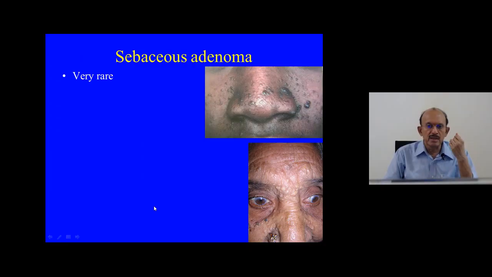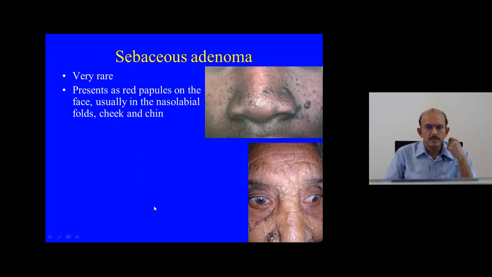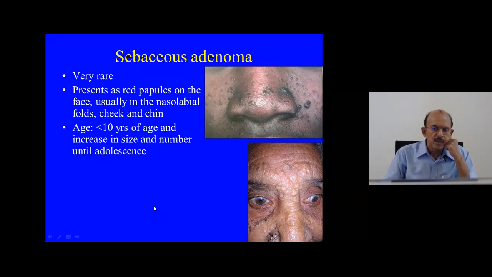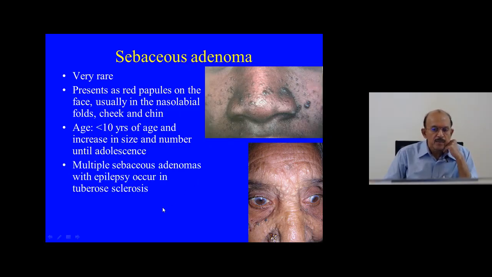Next is sebaceous adenoma. It is very rare. It presents as red papules on the face, usually in the nasolabial folds, cheek, and chin. Age less than 10 years, and it increases in size and number during adolescence. Multiple sebaceous adenomas with epilepsy occur in tuberous sclerosis.